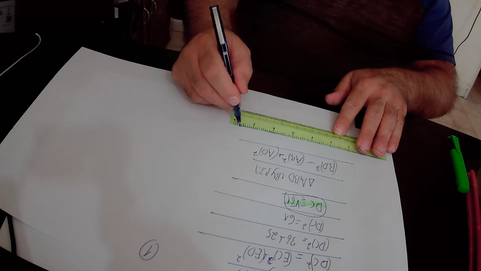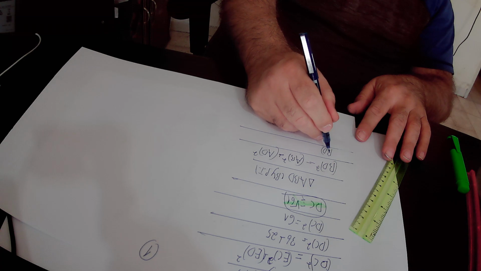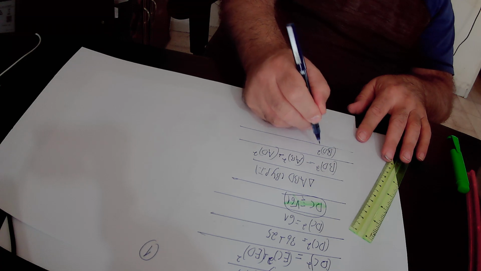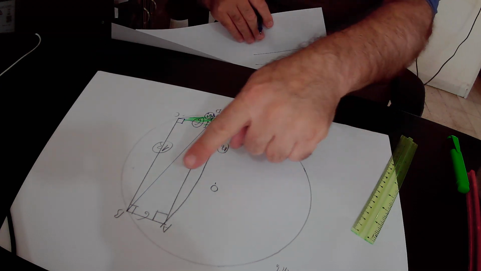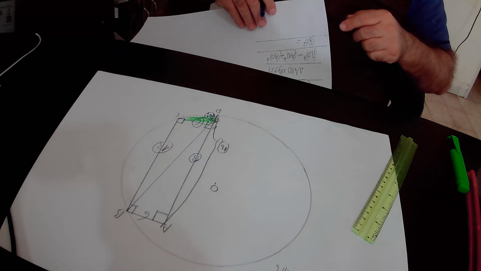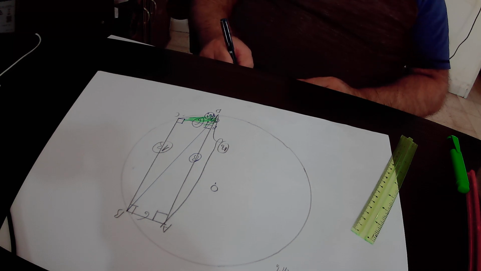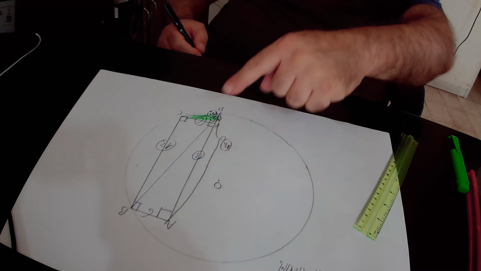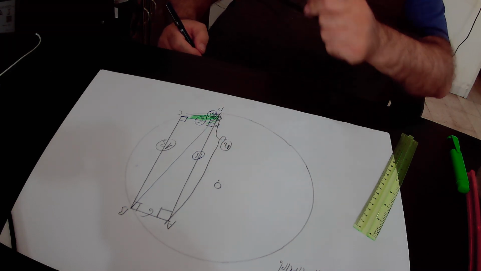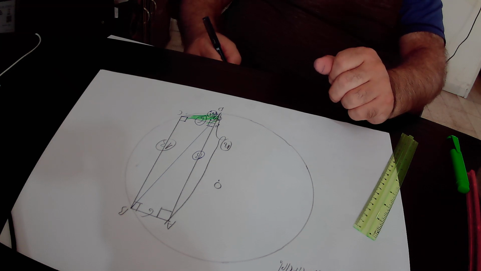So BD squared, that is the square of the hypotenuse, equals AB squared. AB equals 6 units, therefore AB squared is 6 squared, that is 36, plus AD squared. AD equals 18 units, therefore AD squared is 18 squared, that is 324.